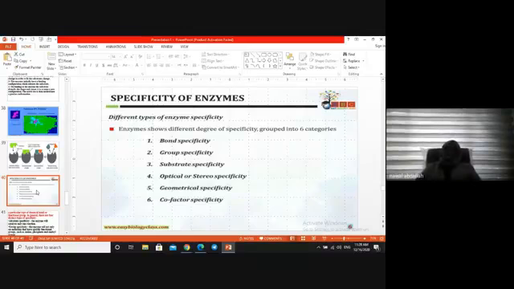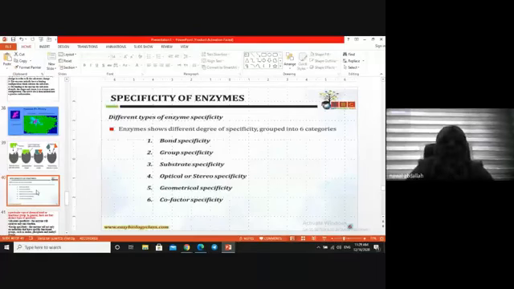Bond specificity, whether the bond is formed tightly, or it loosens from the active site without using any other chemical substances. It is not binding tightly to the enzyme.